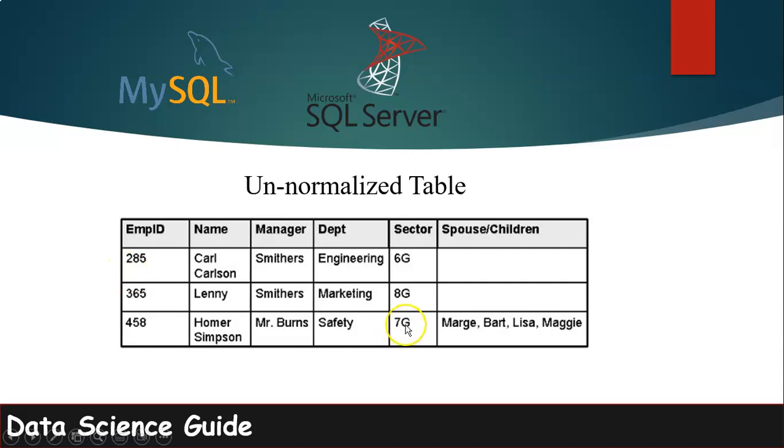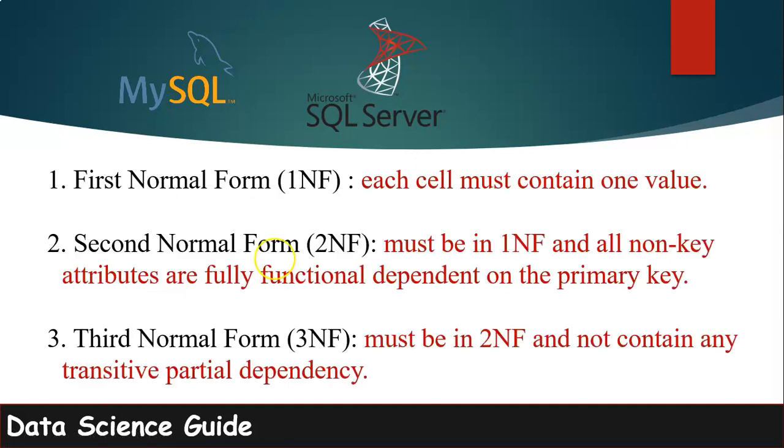For example, this column here should not depend on sector, and sector depends on employee ID. It should depend only directly on the employee ID. So that's what we call transitive: a column depends on a column, and this column depends on another column. Thus it violates the third normal form. And you are going to understand this very well when we take the example.